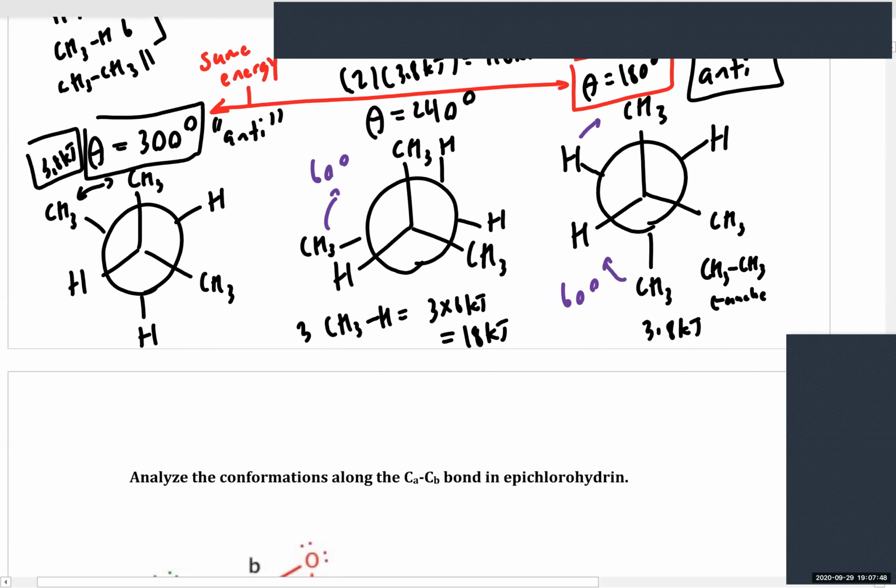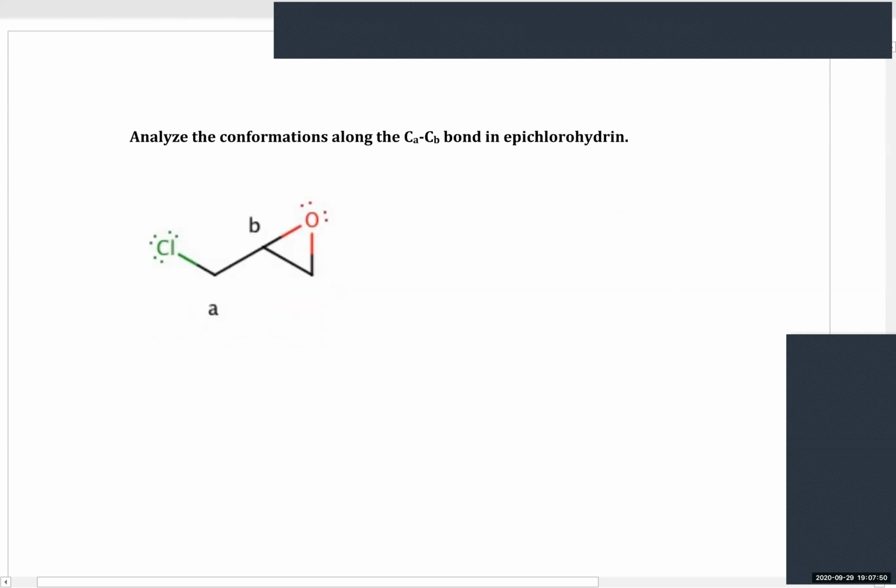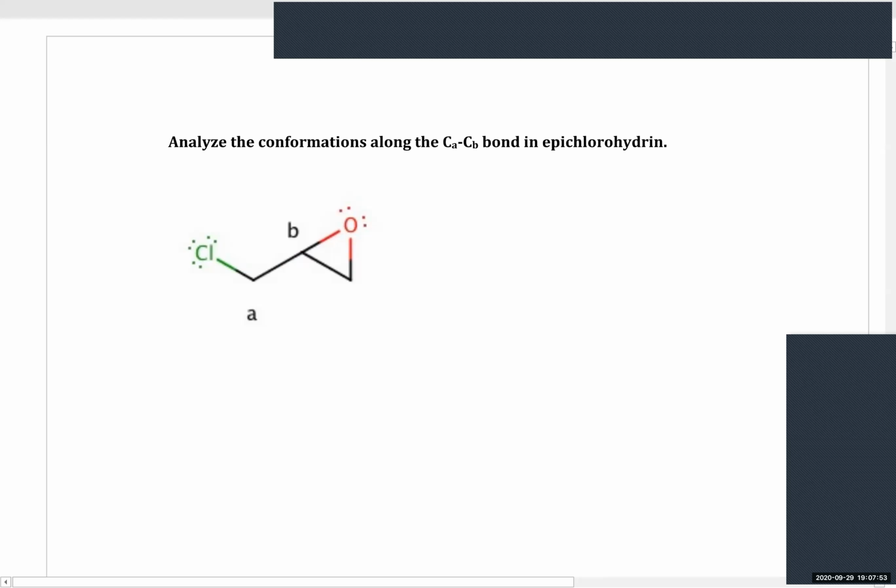Okay, so let's do another example. In this case, I'd like you to analyze the conformations along the carbon A, carbon B bond in epichlorohydrin. So I'd like you to look at and draw Newman projections as a function of dihedral angle.